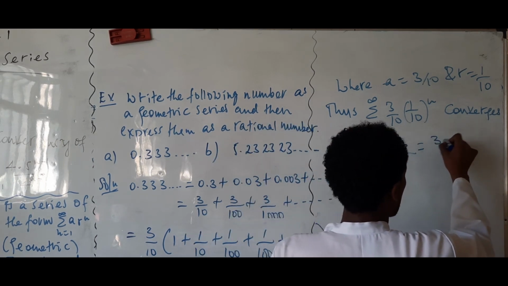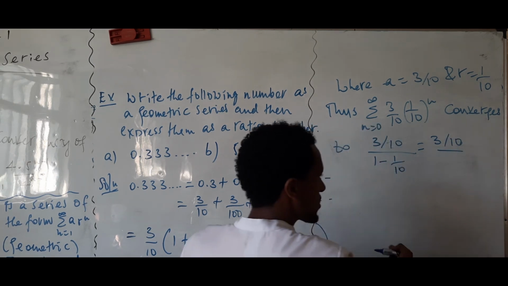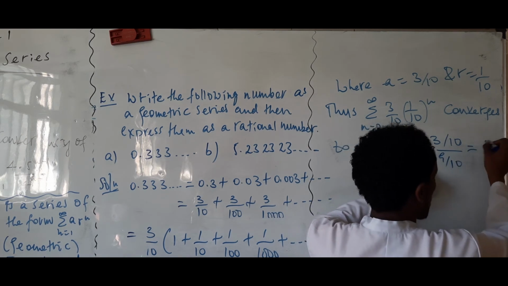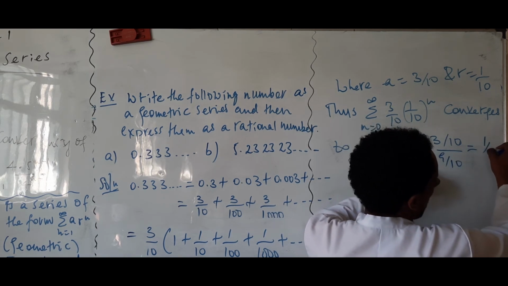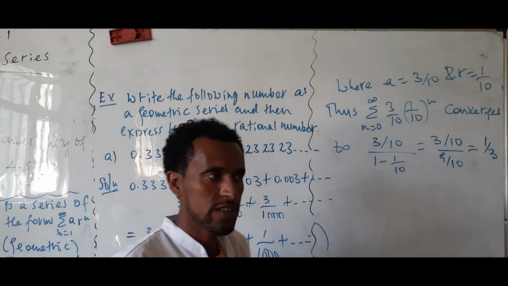That's equal to 3 over 10 over 9 over 10. That's equal to 1 over 3. Since r is less than 1.